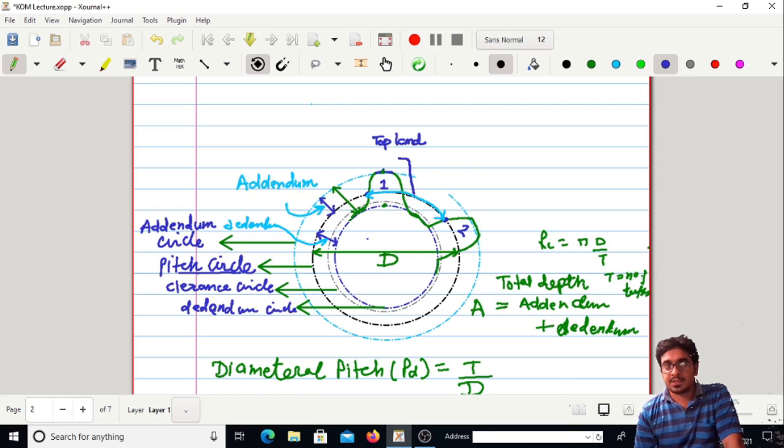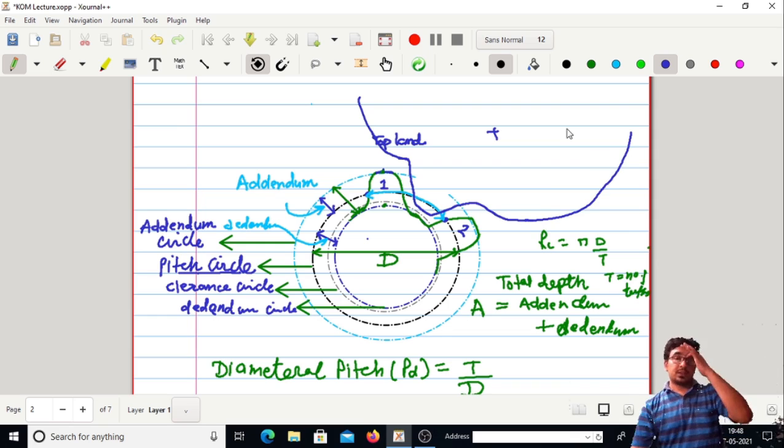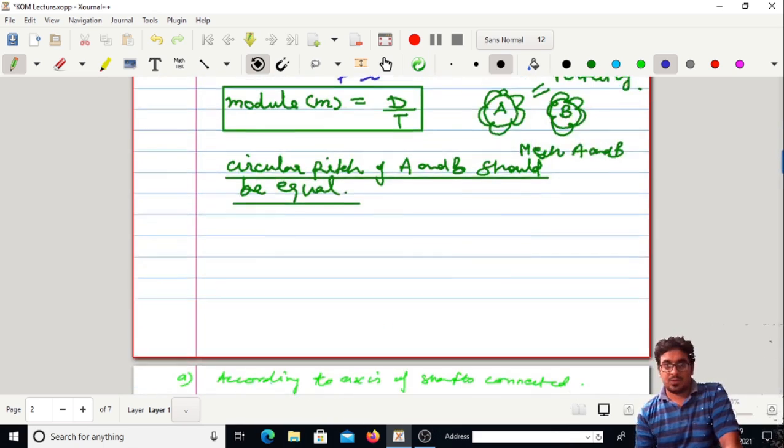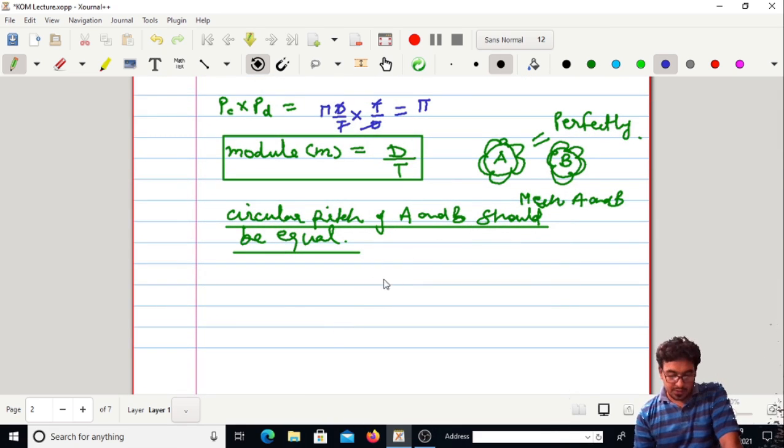This is that particular gear's teeth, and I want to have a good meshing between the gears. For example, this is gear B and this is gear A. Then there should not be much space between the teeth of gear A and gear B. Okay, let me draw it here to explain it.